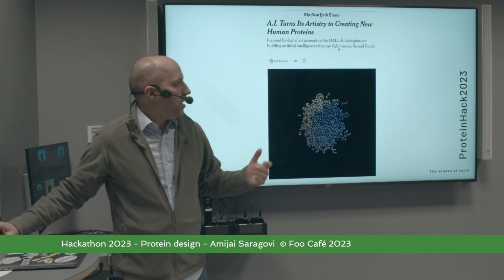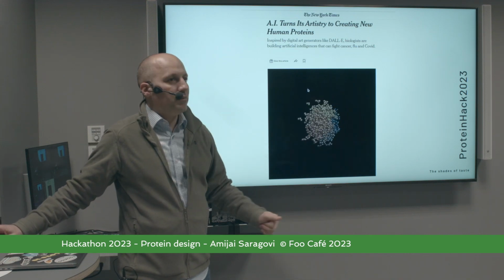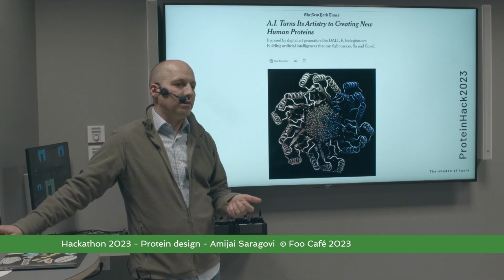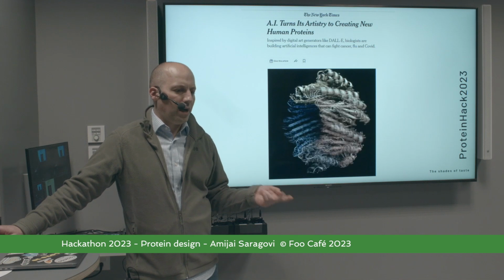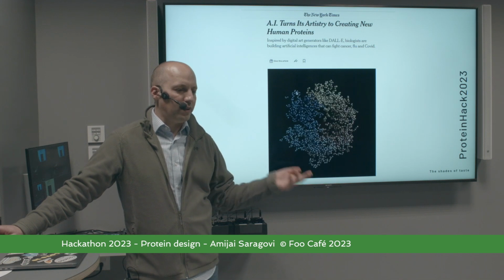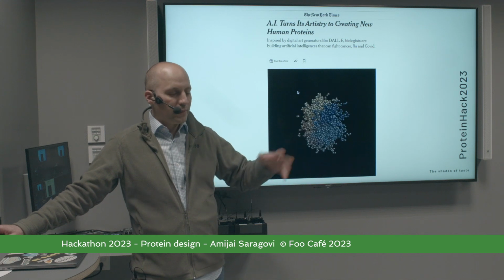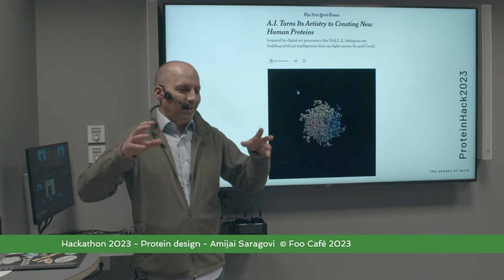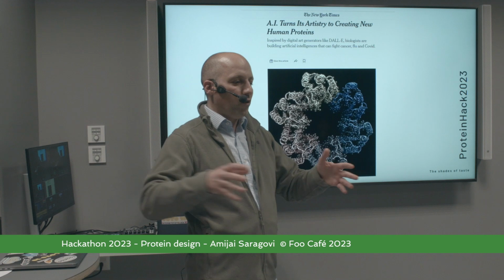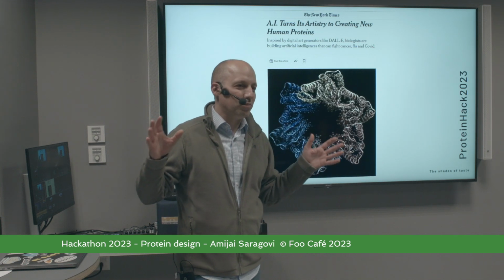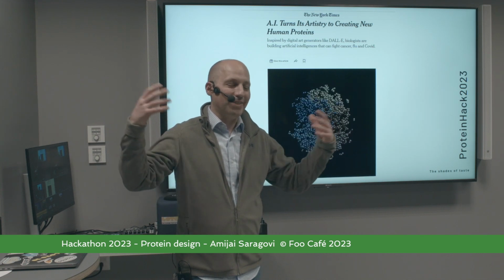So this is the latest design model, but we also have other design models. There are two published models that do hallucination, which is basically taking the computer and telling it, okay, given all your knowledge about proteins, generate a new protein.